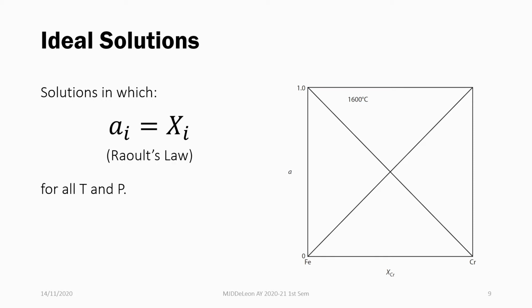So we say that a substance exhibits ideality for a certain parameter, for example, a certain temperature and pressure, when the activity of the component is equal to its mole fraction for that specific condition.